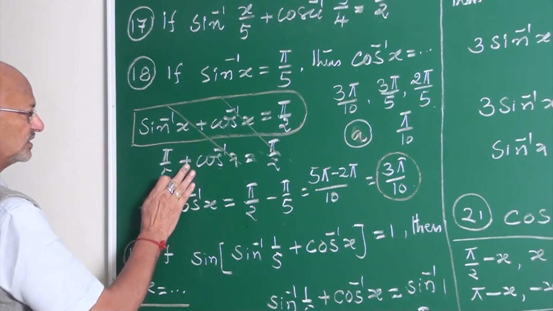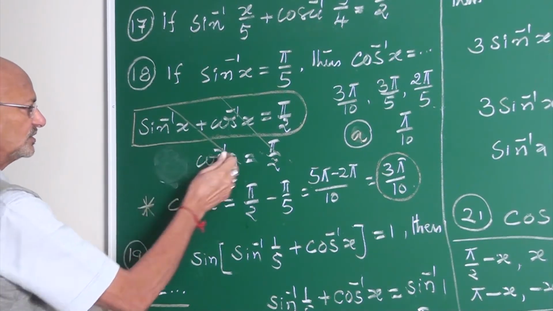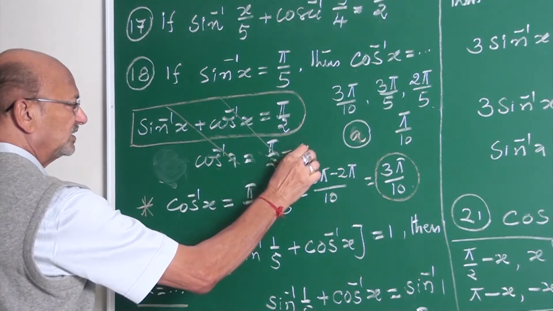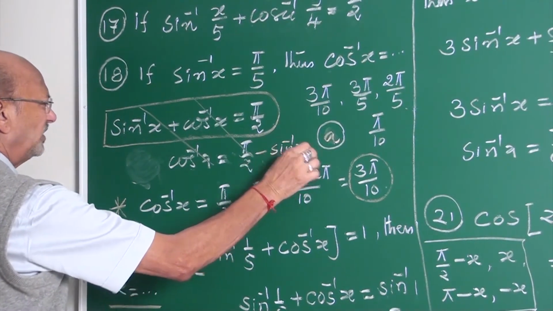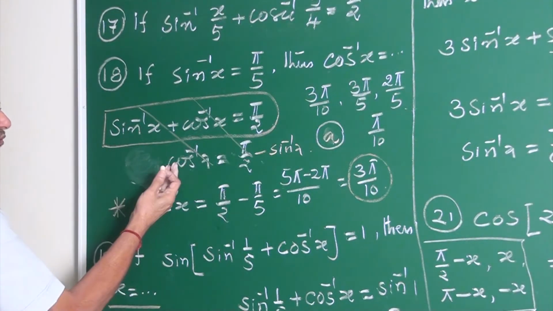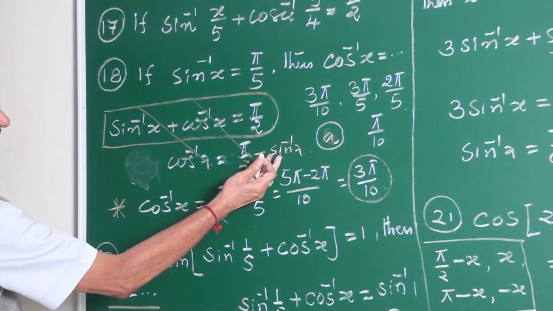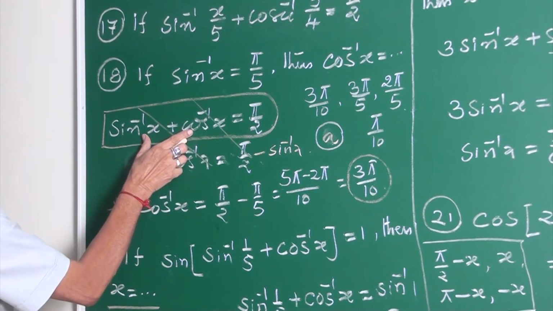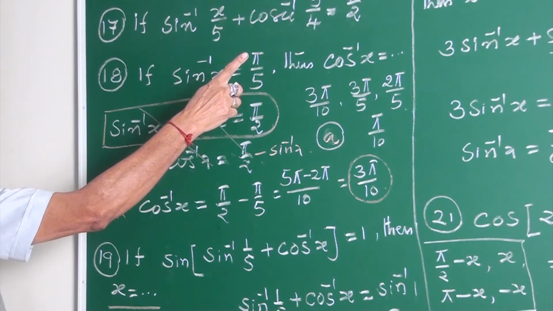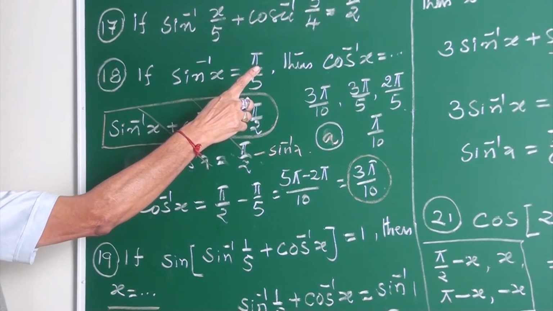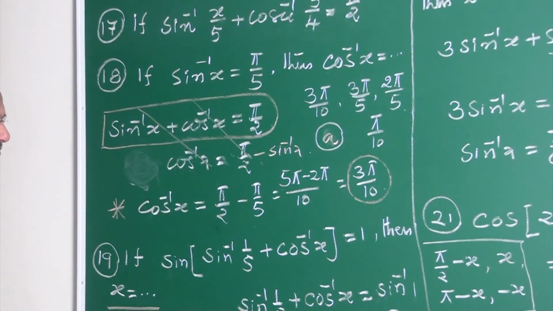Then cos inverse x is pi by 2 minus sine inverse x. One you have to shift that side, so one equal to pi by 2 minus the other. This is the combination sine inverse cos inverse. What is the second combination? Tan inverse cot inverse. The third combination is sec inverse with cosec inverse.